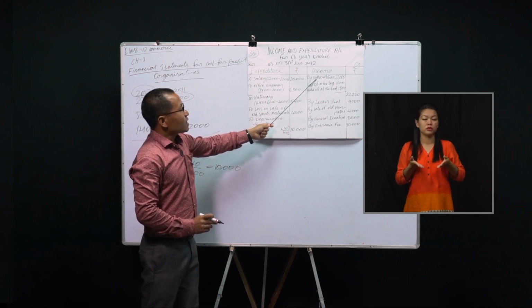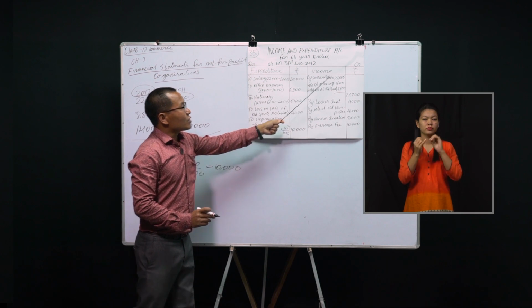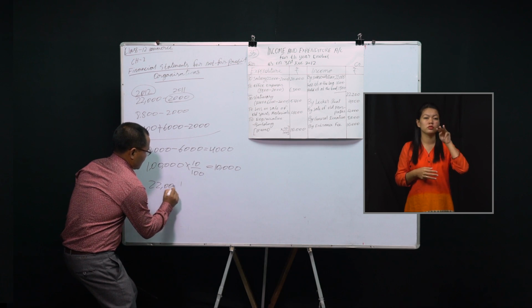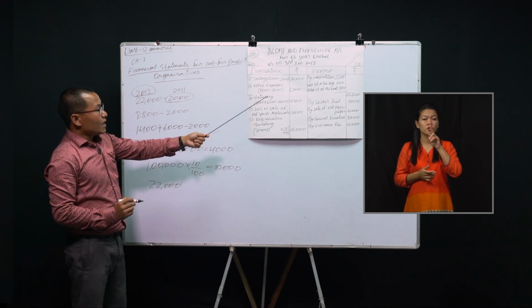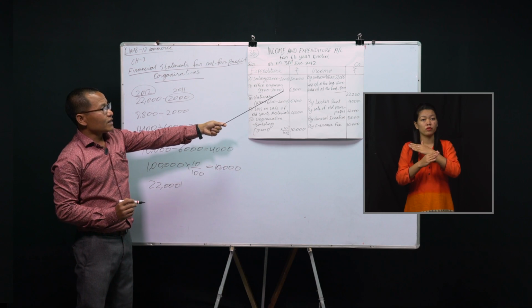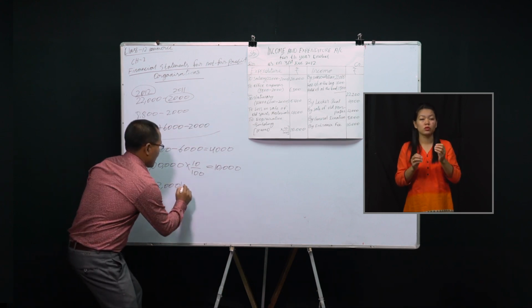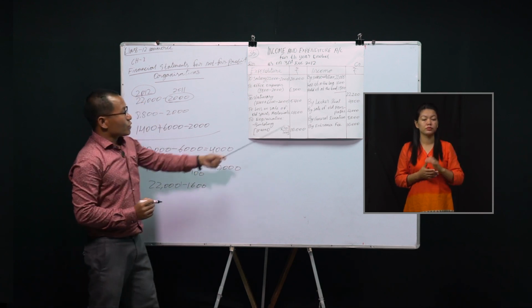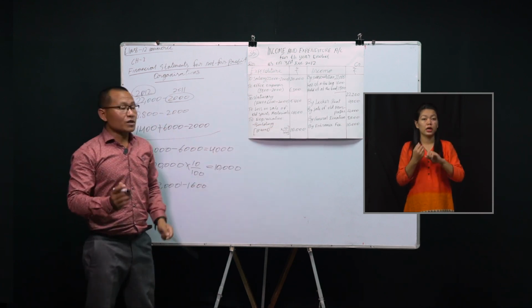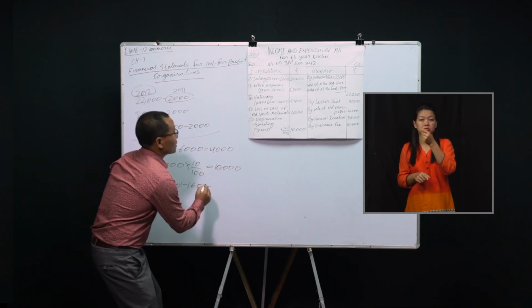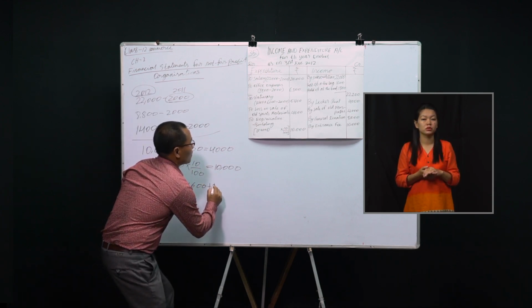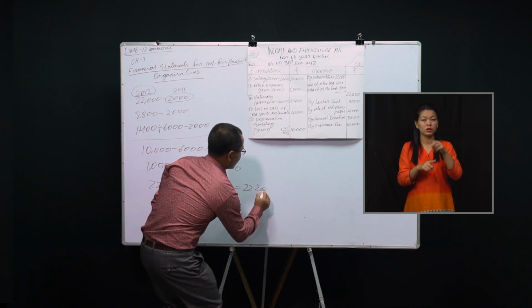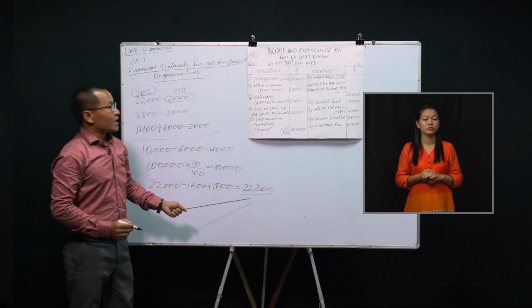That is subscription. Subscription is 22,000. Out of 22,000, there was an outstanding in the beginning, that is 1,600. And also there was outstanding at the end of the financial period, so you will have to add 1,800. So it comes to 22,200. So this should be the exact amount.